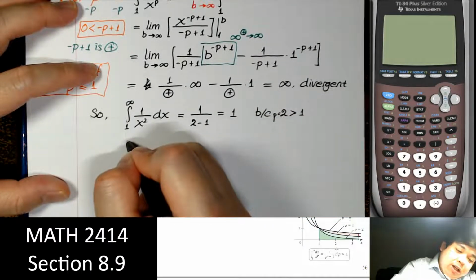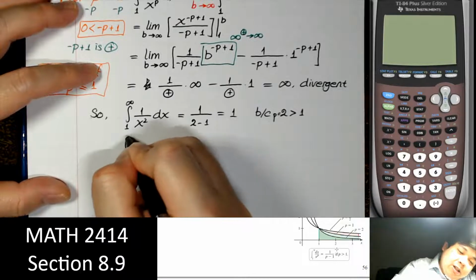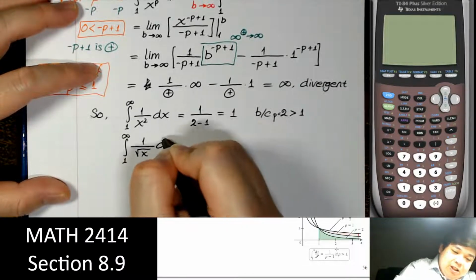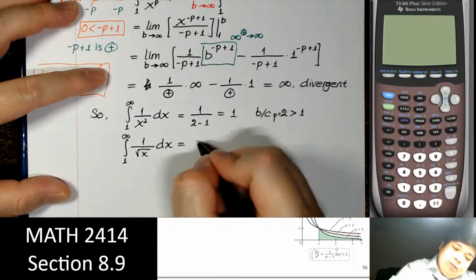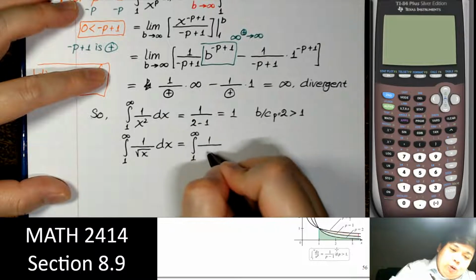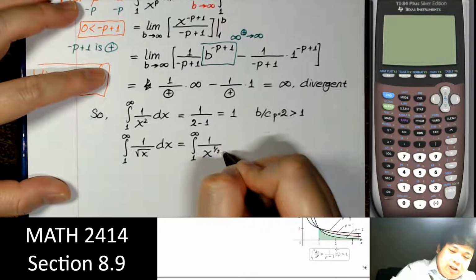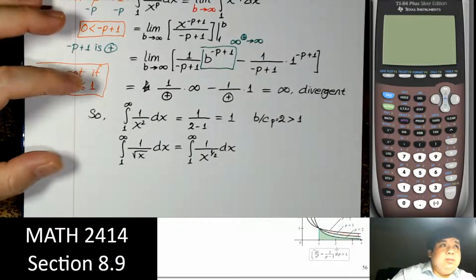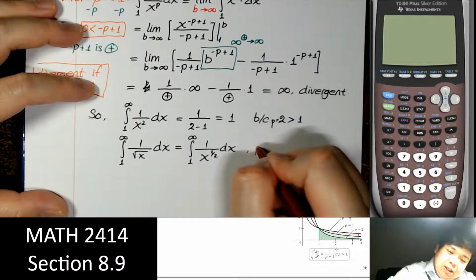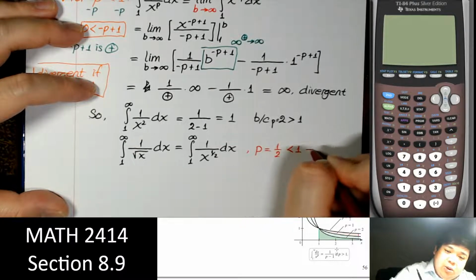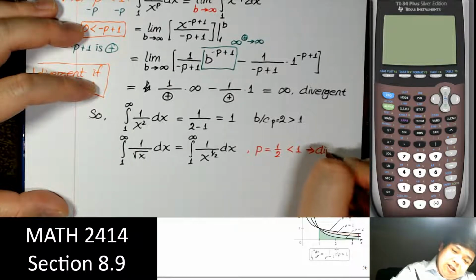Now, if we have something like 1 over square root of x instead, or x raised to the 1/2 power, since p is equal to 1/2, which is less than 1, this one is divergent.